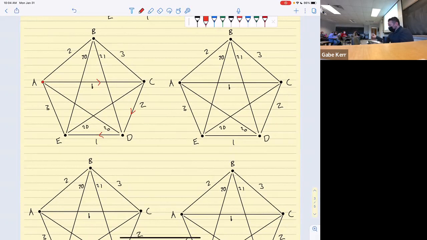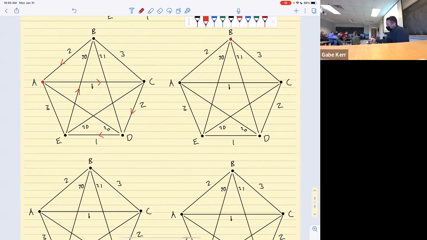E, I would like to go to A, but that would make a circuit. So the only choice I have here is to go to B. And then I'm at the end of my possible path, and I can add this to get a circuit. Okay, correct? Okay. That was A.